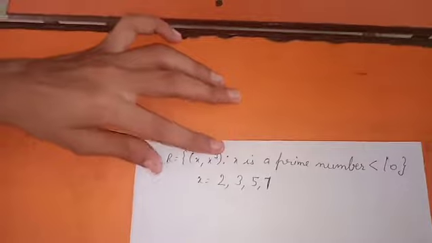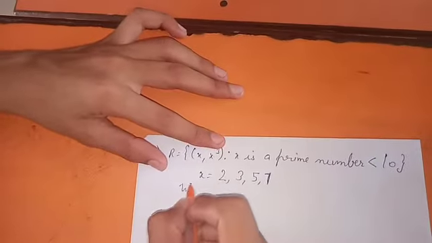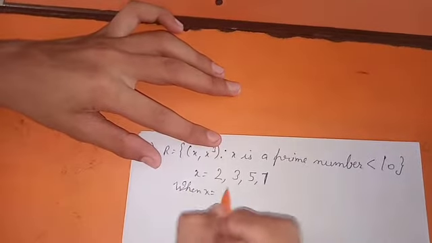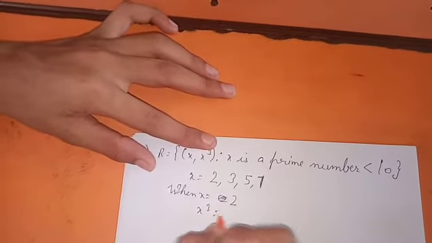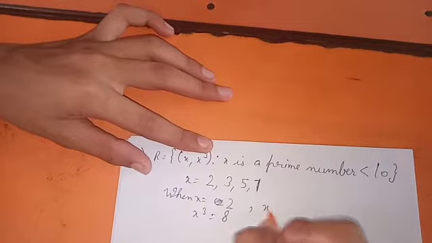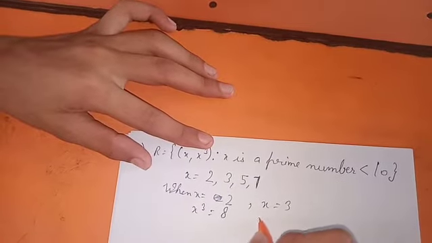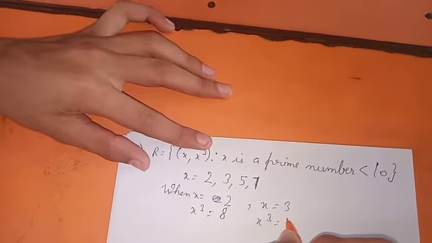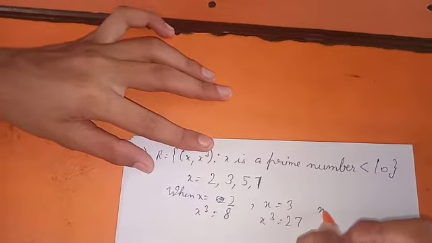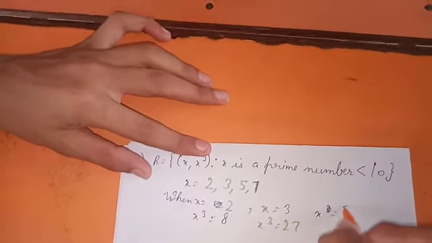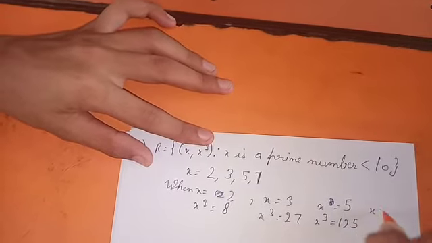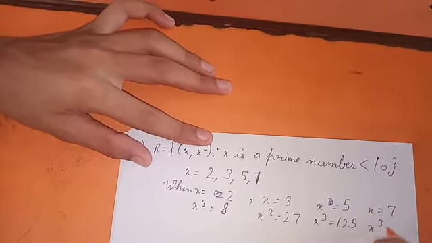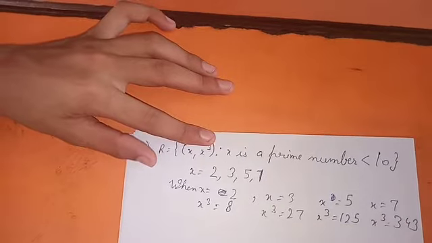So we will find the value of x cube. When x is equal to 2, x cube is equal to 8. x is equal to 3, x cube is equal to 27. x is equal to 5, x cube is equal to 125, and x is equal to 7, x cube is equal to 343.